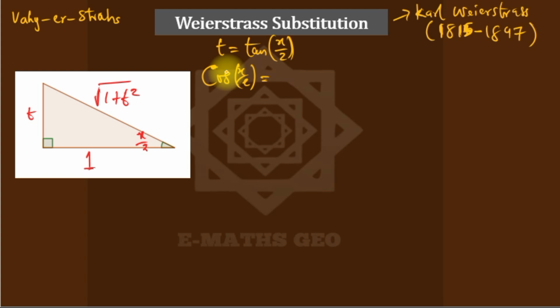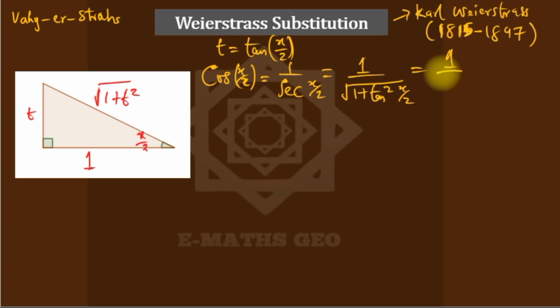We know that cos is 1 over sec, and sec, from our Pythagorean identity, is square root of 1 plus tan squared. This is now 1 over square root of 1 plus t squared, because he said let t be tan half x. Now let's get sine half.